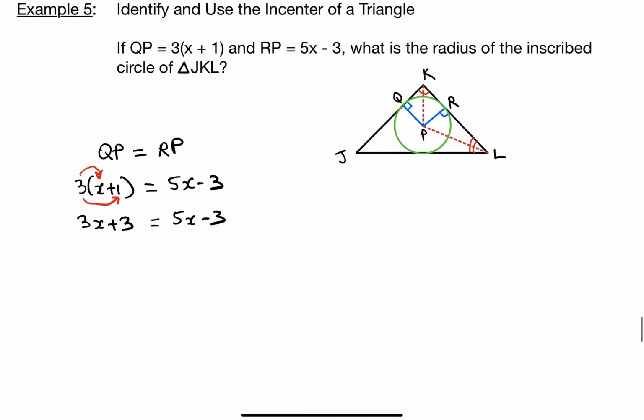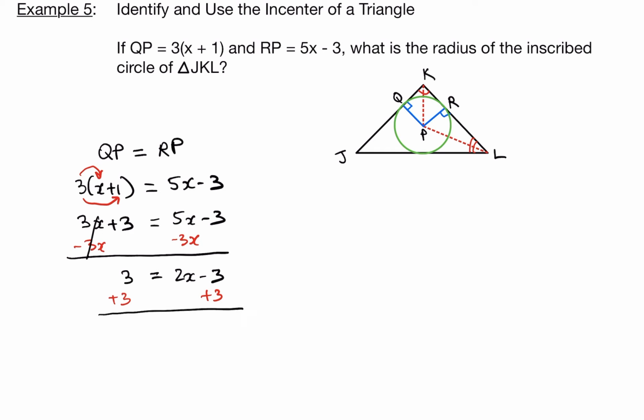Okay, and then to further solve for x, we need to move this 3x to the other side of the equation, and we do that by subtracting 3x from both sides. And when we do, these cancel out, and we're left with 3 is equal to 2x minus 3. And then what we want to do is move this negative 3 to the other side of the equation. And to do that, we have to add 3 to both sides.